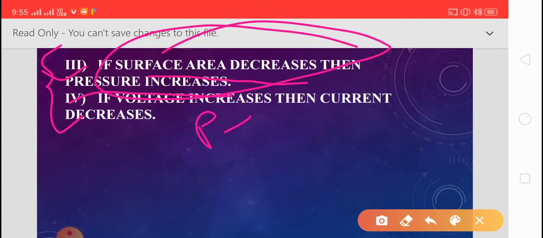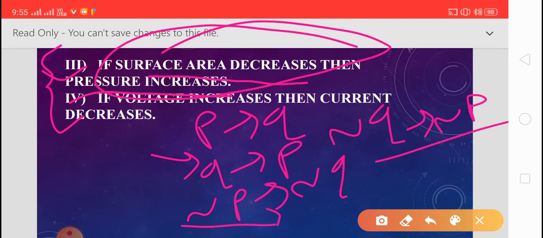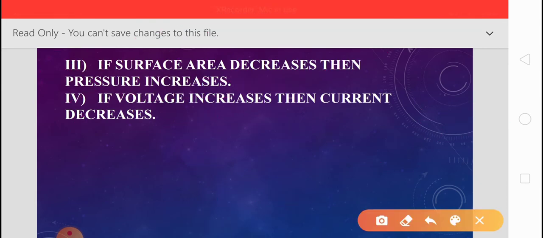Yes, it is in the form of P implies Q. Firstly, we write the converse, inverse and contrapositive in symbolic form: Q implies P is the converse, negation of P implies negation of Q is the inverse, and negation of Q implies negation of P is the contrapositive, and then we must write in verbal form.